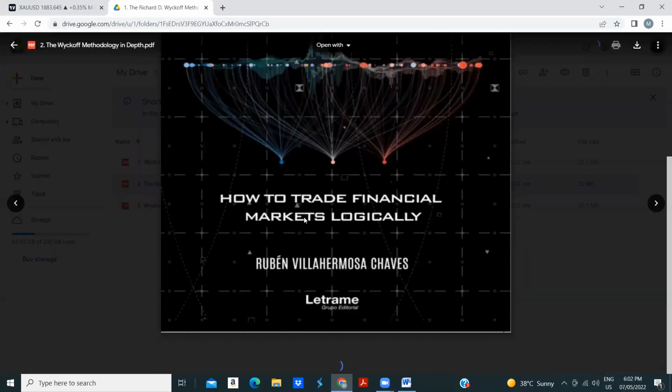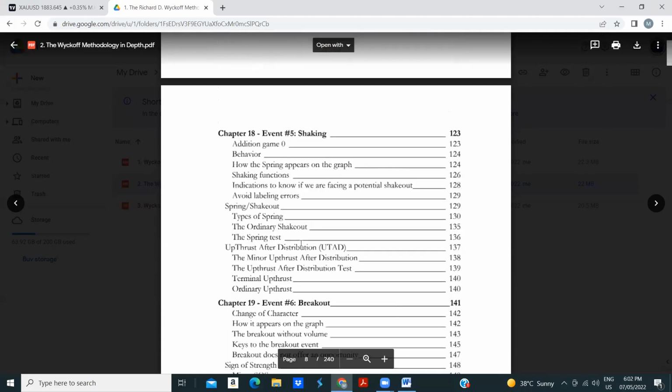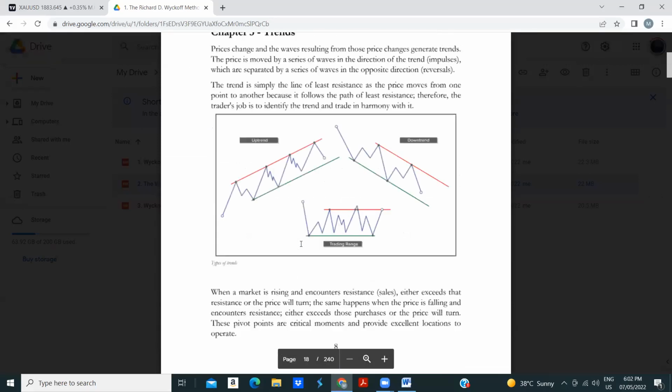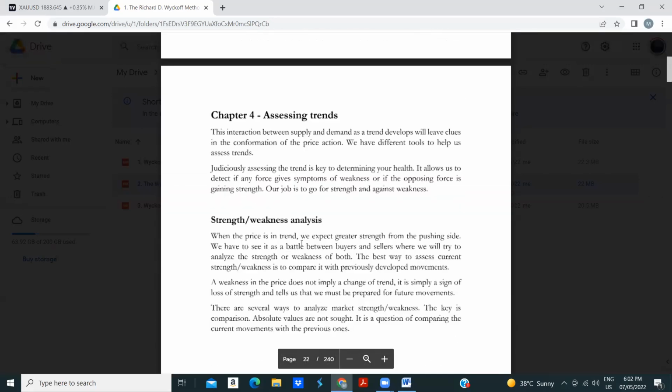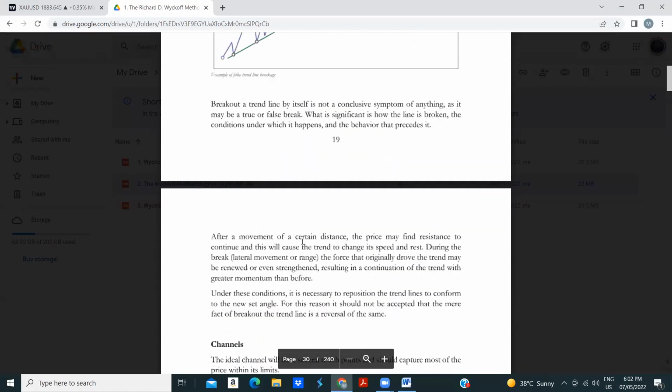Can you see the book? If you go to the market structure here, then you will see sign of weakness and sign of strength here.